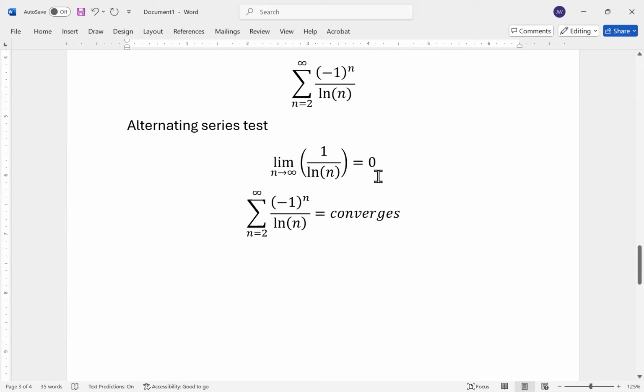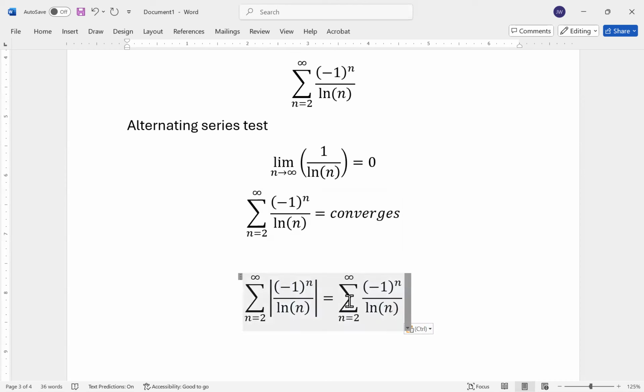Now, if I want to know whether that convergence is absolute or conditional, then I can put absolute values around each term in the series and see if the new series, the one with the absolute values, also converges.